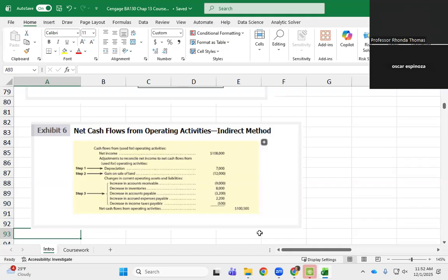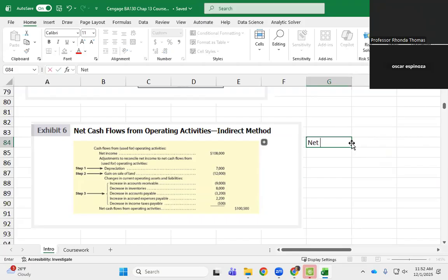This is the recipe. I don't know if those of you on Zoom were able to see that, but this is the recipe. So one more time, let me put this in a little bit of a formula. Here's the formula.